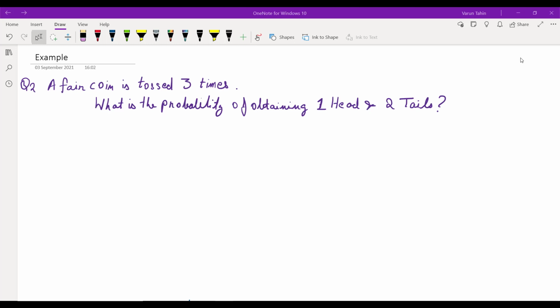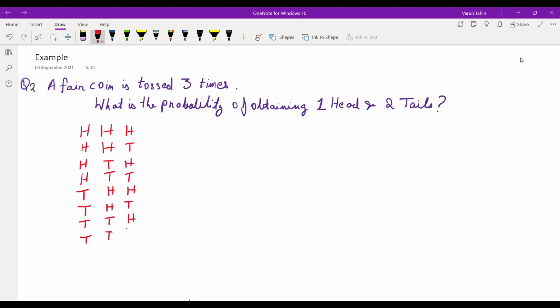Okay, so we have to make several combinations here guys. So we can make it like this: head, head, head, and then tail, tail, tail, and then head along with head, then tail, tail, and then head again, and then tail again, and then head, tail, head, and tail.